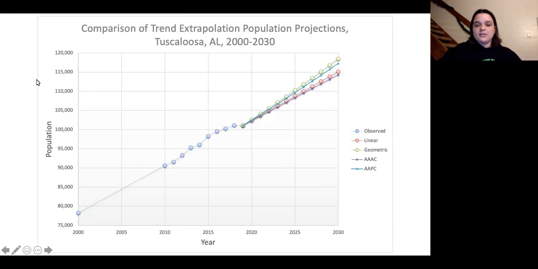So here is a graph of the data collected and analyzed. So from the year 2000 to 2019, we see that observed data from the US Census Bureau. And then from 2019 to 2030, we have our projections: our linear, geometric, average annual actual change, and average annual percent change.